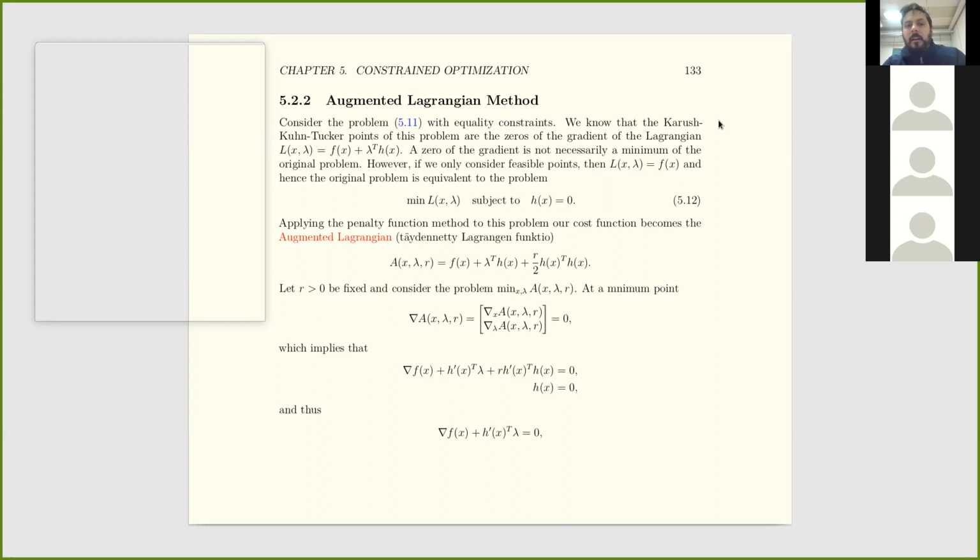And we then take r over 2. This is for algebraic purposes, this r over 2. You can think of it, but just, we're applying a penalty. And now if we try to find the minimum, it still has this property that it should have the zero of the gradient.